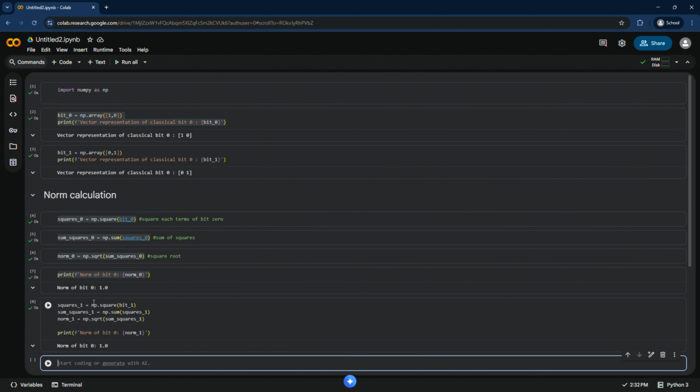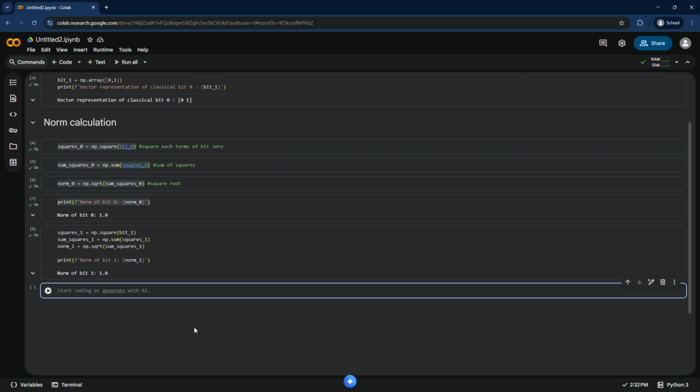So in both cases, we get the norm equal to 1, exactly what we expected from the formula.